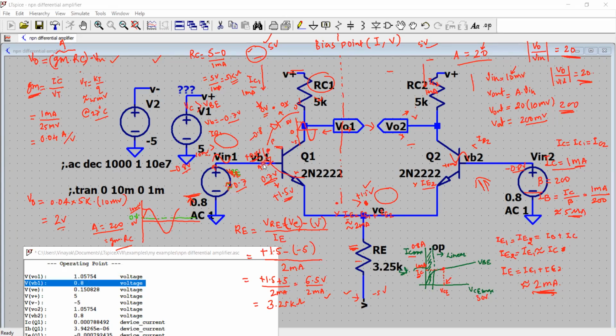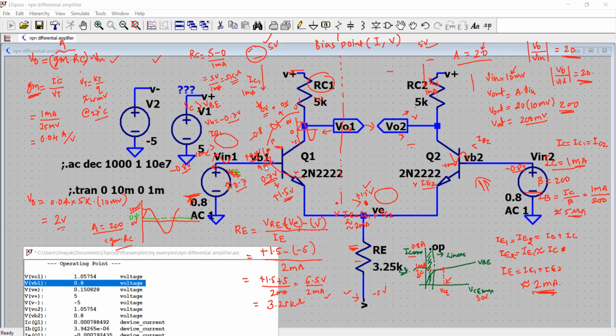Remember, the base pin is positive and the voltage here is 0.8 volts, and the voltage at the collector pin is 1.05. The voltage difference is just 0.2 volt positive. We want it to be negative. Collector should be at least 0.7 volts larger than the voltage at the base.